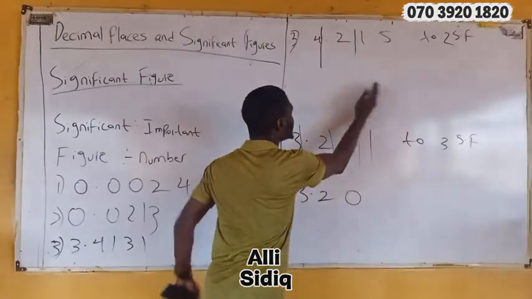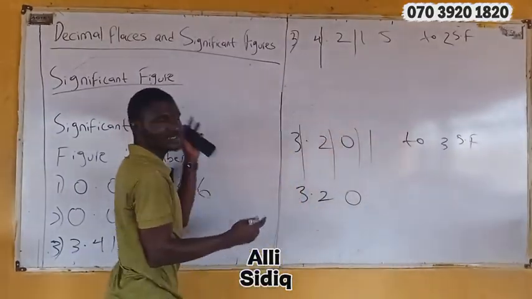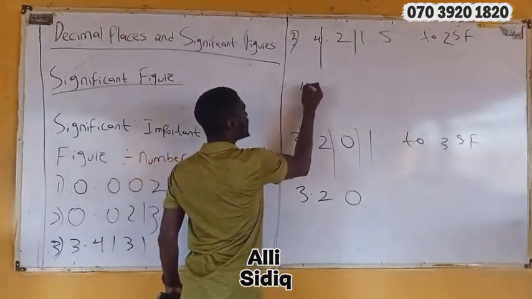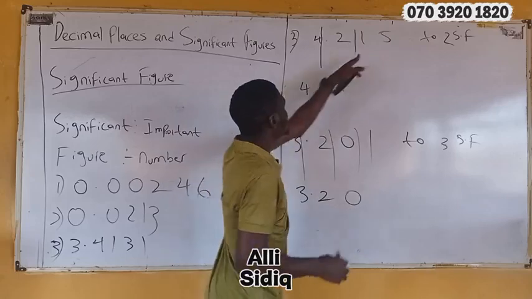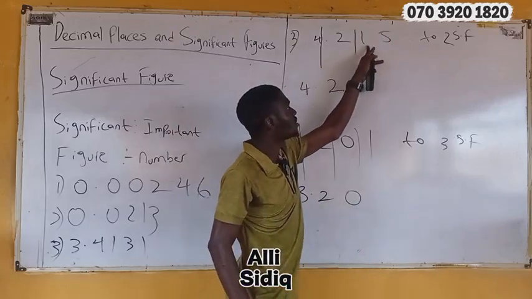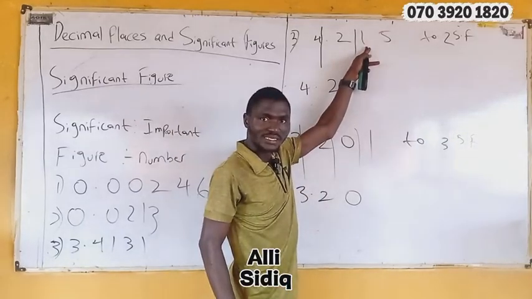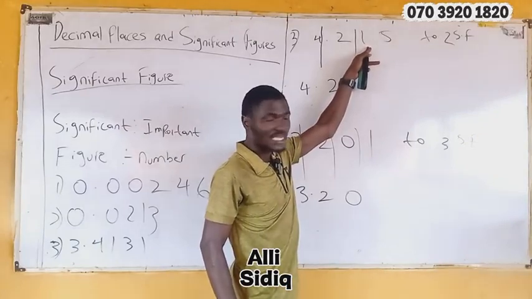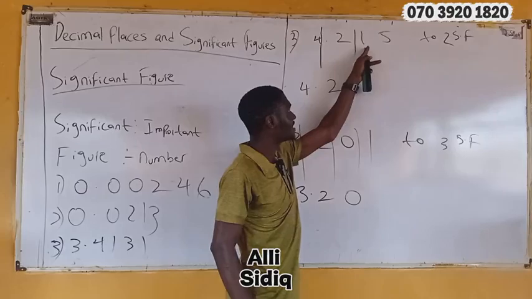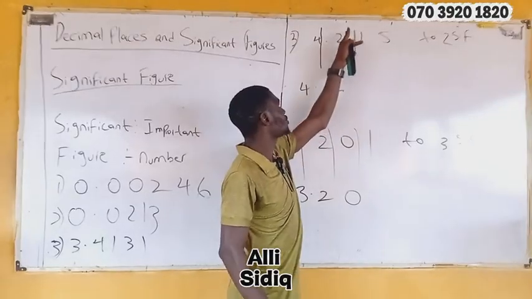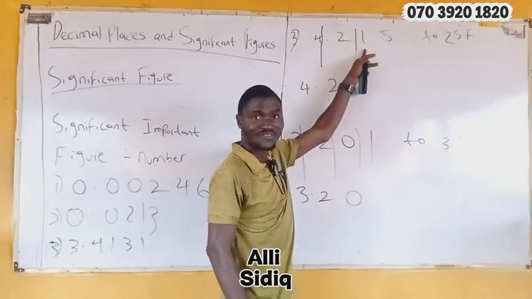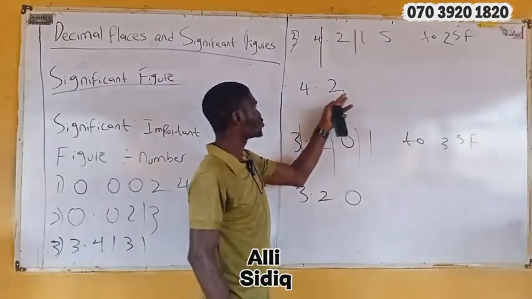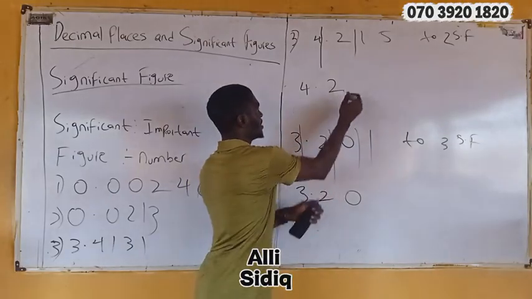My boundary is capturing only the left-hand side, so I will have 4.2. You can see 1 is less than 5. Let's say it is 5 that is here, I would have added +1 and it becomes 4.3. But since it is 1 that is here, less than 5, I'll have 4.2 as my answer.